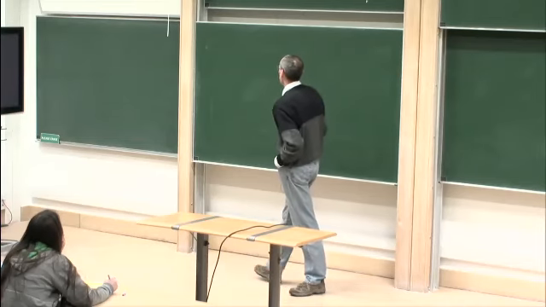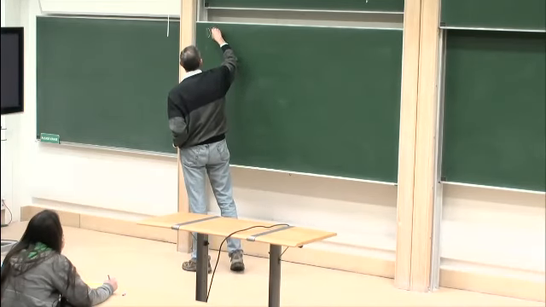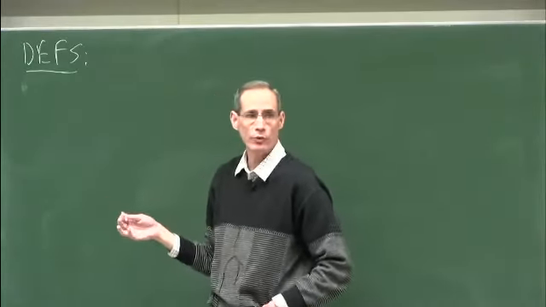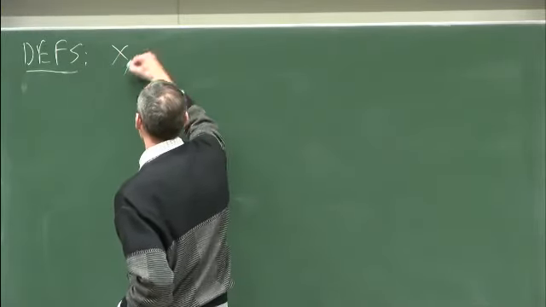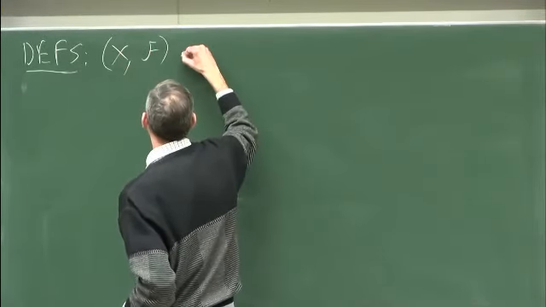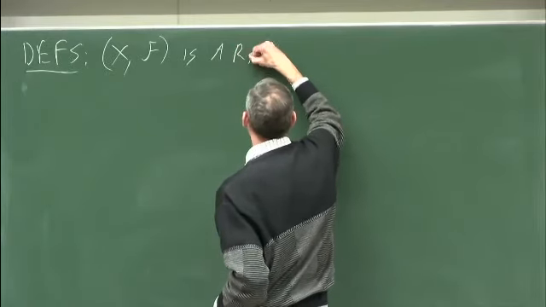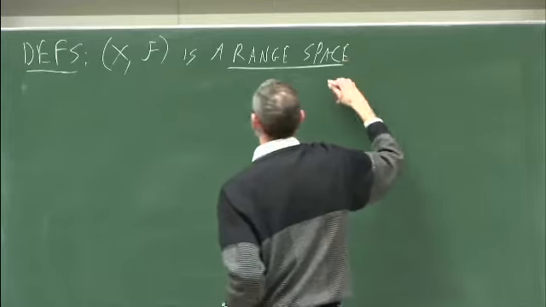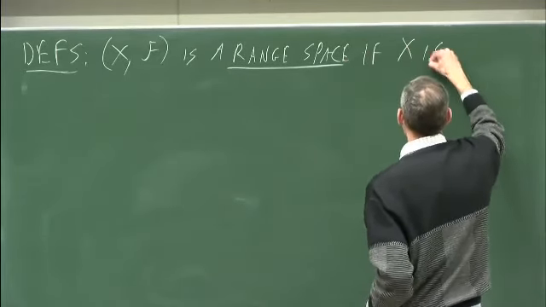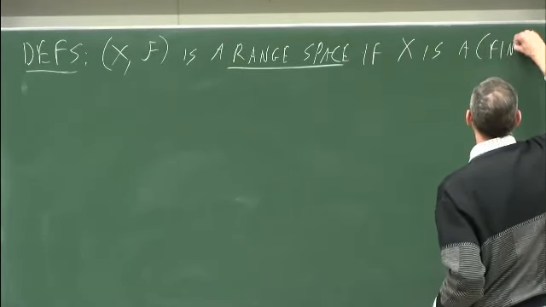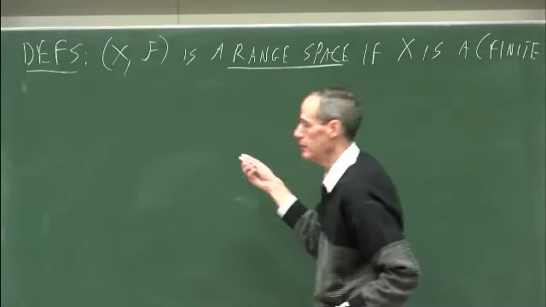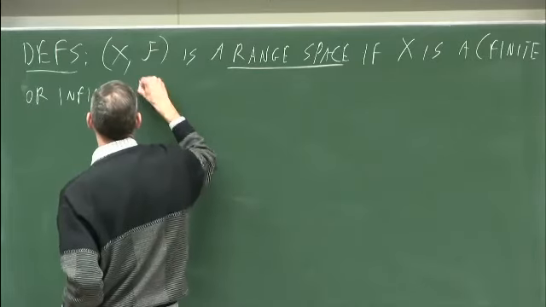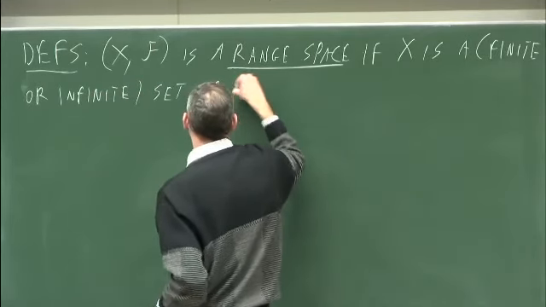So this is just one example, and I want to have a few definitions. So we first define what we mean by a range space. (X, F) is a range space, really a hypergraph, if X is just a set, either finite or infinite, of points.